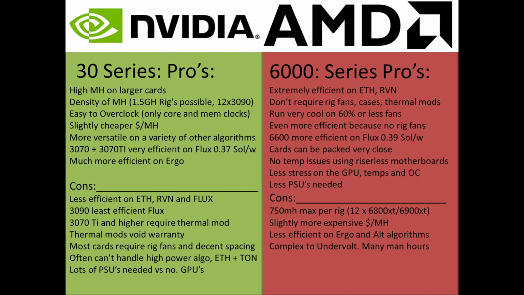But on the 6000 series, it doesn't work like that at all. If you go over the best, most peak memory clock for that GPU, then it stops being efficient at all. You lose mega hash. So there's no benefit to ruining your cards by overclocking the hell out of them.